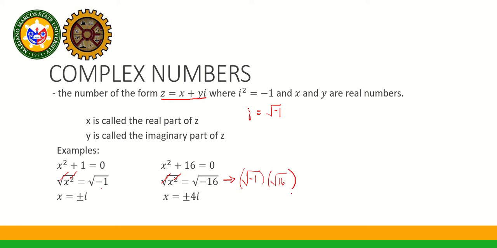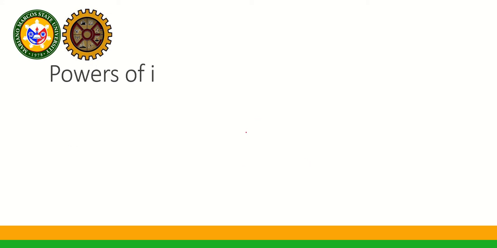And we all know that the square root of 16 is equal to 4. That's why our final answer would be positive or negative 4i, since the square root of -1 is equal to i. So those are examples of complex numbers.